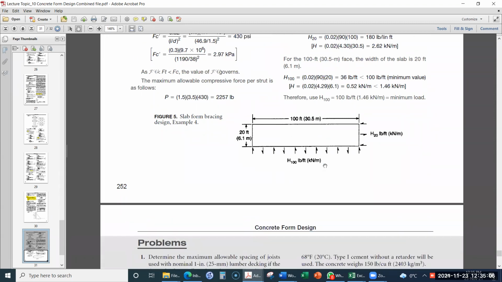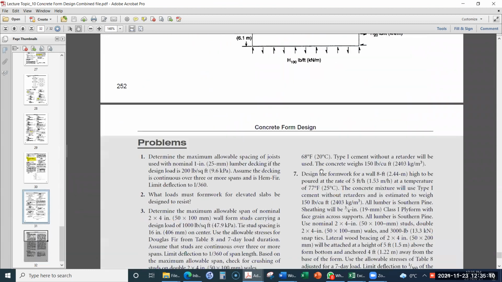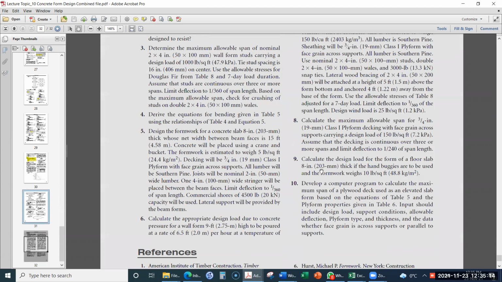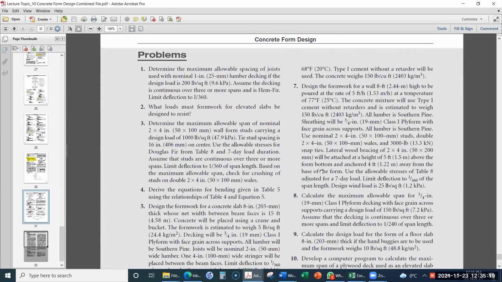Okay, so with this, we have covered all the 4 examples and this topic has been covered. Later on, I will share with you some of the practice problems with solutions of this topic. And then we will cover this topic in one of the questions in the exam as well.